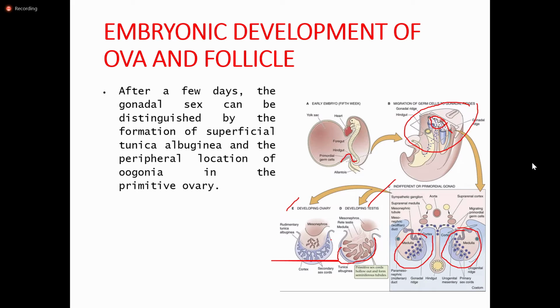And at the same time, similar with the female ovary, na-incorporate na itong mga primordial follicles doon sa periphery ng future ovary. That's why makikita ninyo ang mga oogonia sa periphery ng ovary.